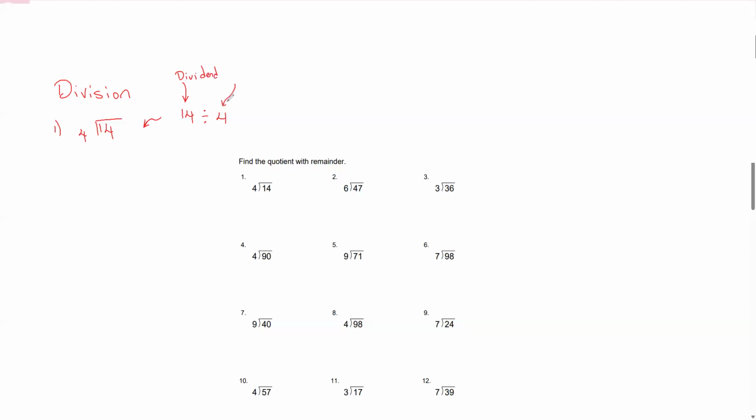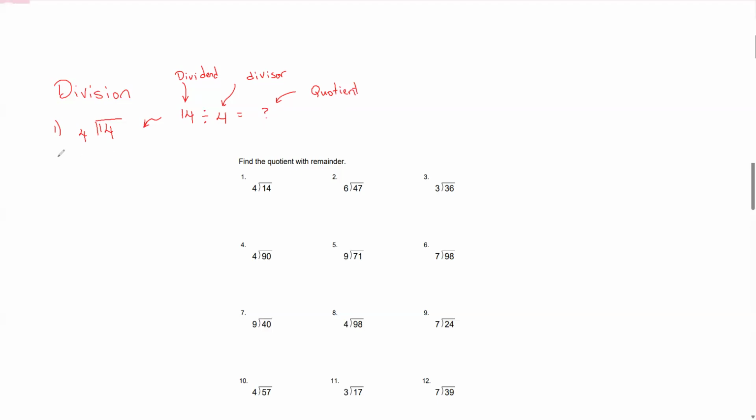The 4, which comes after the division sign, that is going to be your divisor. And the answer is known as your quotient. So when they ask you to find the quotient, it's actually asking you to divide the numbers.